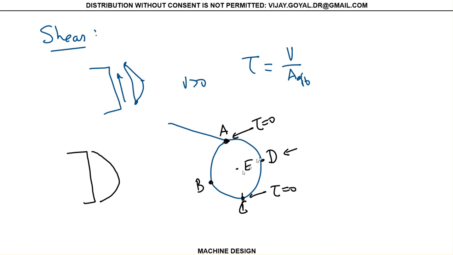So in the middle, all my values have V over A effective.